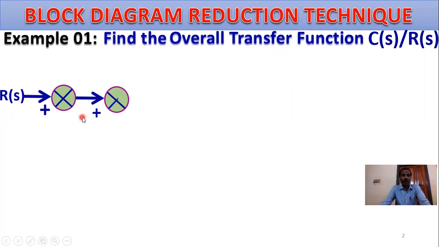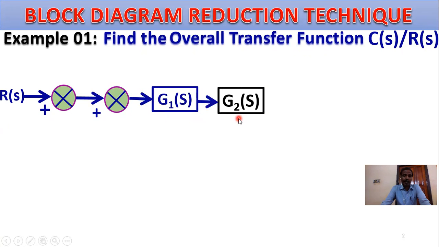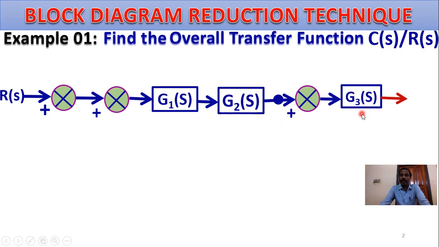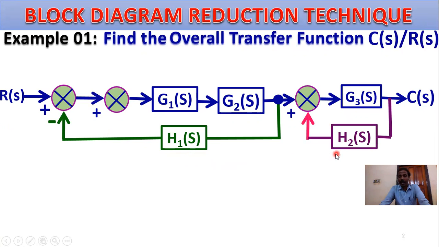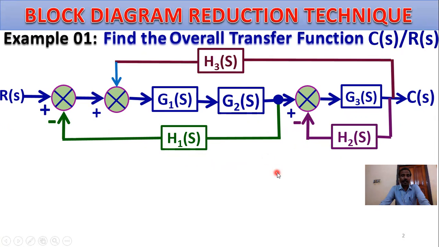Then another summing point, then G1 of S, another gain G2 of S, then again a summing point, and a third gain G3 of S, and the controlled output C of S. This is the feedback H1 of S, a negative feedback. Another feedback H2 of S, also negative feedback, and H3 of S, the third feedback, also negative.